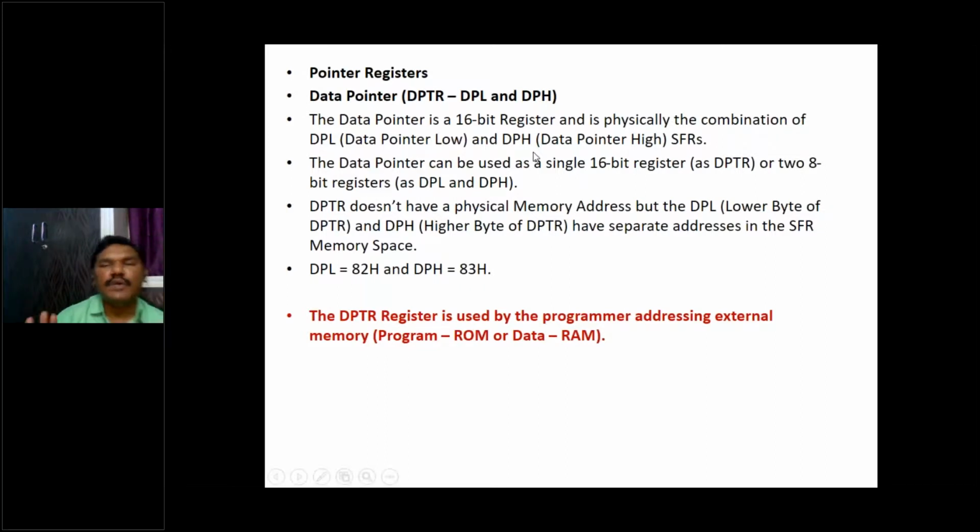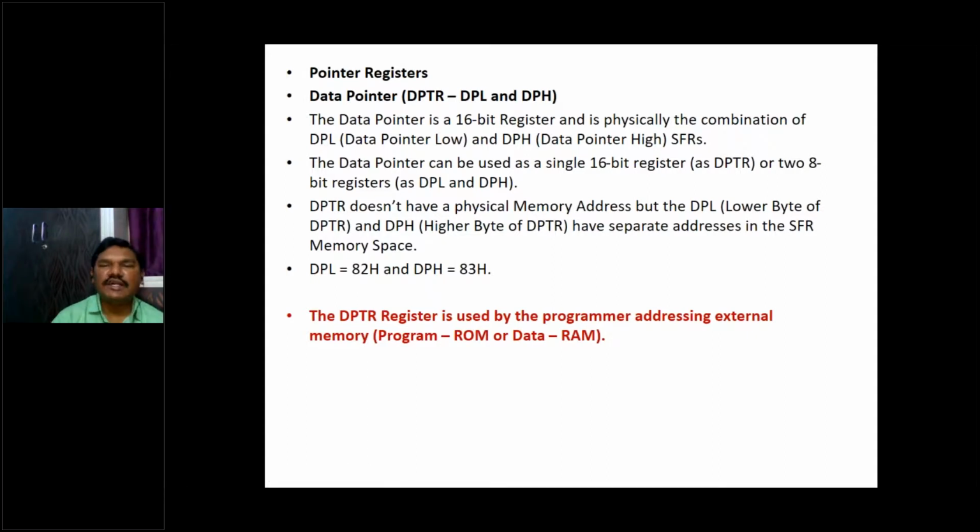Sometimes you don't want the full 16 bits, so internally it is divided into DPL and DPH. If you use MOV A, DPTR, you can use the complete 16 bits. If I want only 8 bits, you can take DPL as the lower byte and DPH as the higher byte. So that is what we call the data pointer.